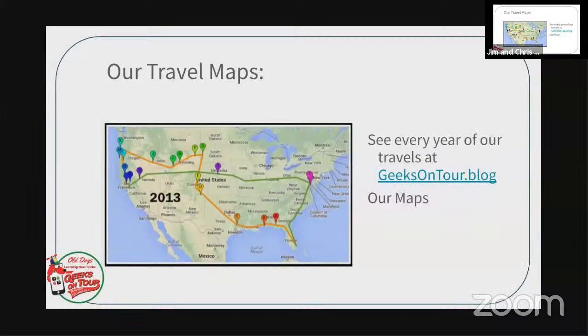So our main use for this is our travel maps. At the beginning of each year, I create a My Map of the places that we think we're going to go. Then as the year progresses, I use that same My Map and make sure that the places we did actually go are on the map. The ones that we didn't go to, I delete.